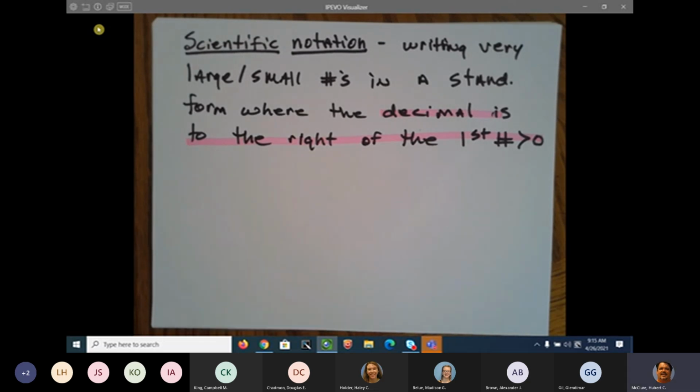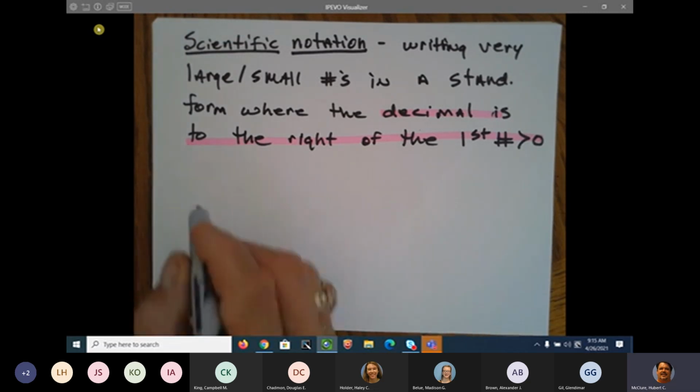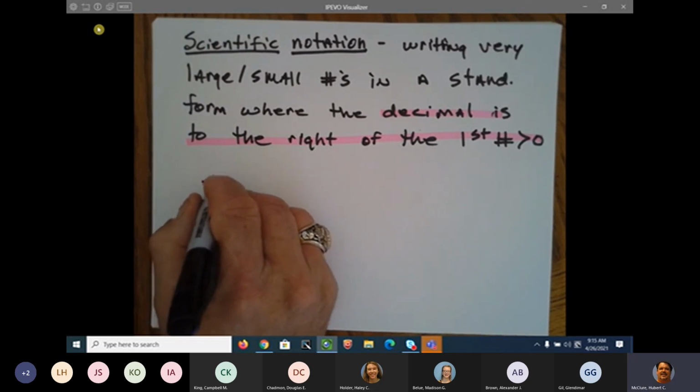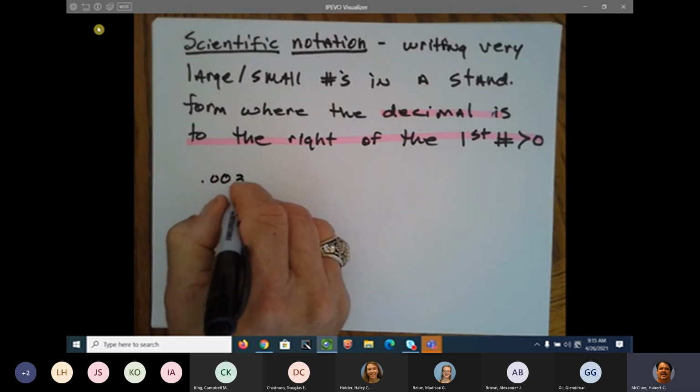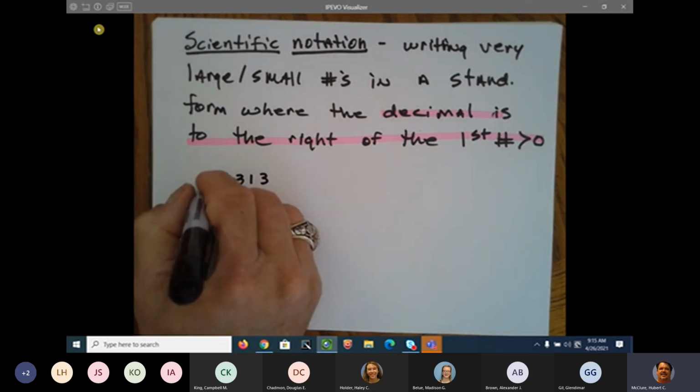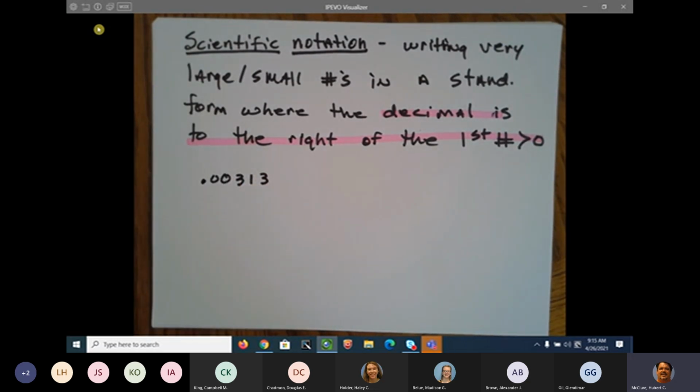Now, most students can do the following 4 problems. This is where you don't have a problem. 0.00313, and that's in decimal notation. It's got a decimal right there. And the test or the instructor asks you to write this in scientific notation. Well, take my pink highlighter or pink pen.